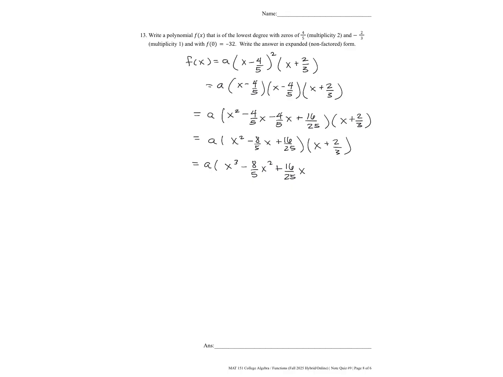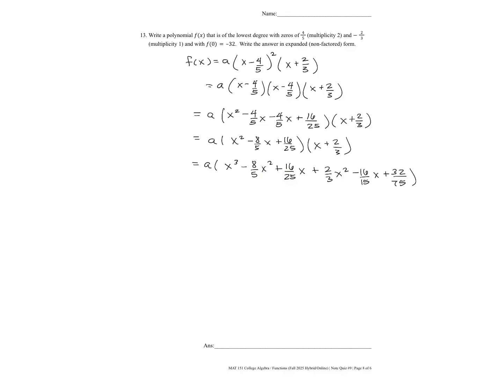And then the 2/3 is going to hit everything. So I get a 2/3 x squared. And then 2/3 times 8/5, that's 16/15, so that's minus 16/15 x. And then finally, I'm going to take 16/25 and multiply that by 2/3. That's going to make 32/75.